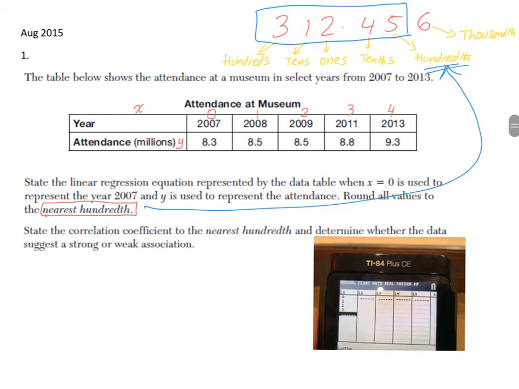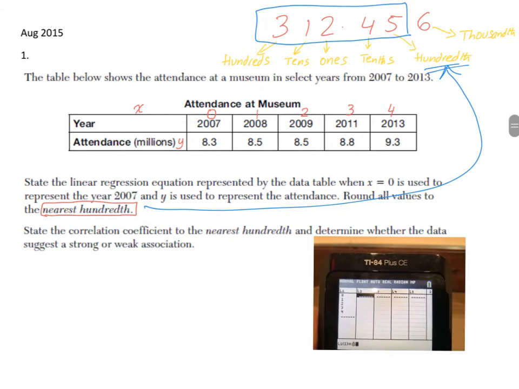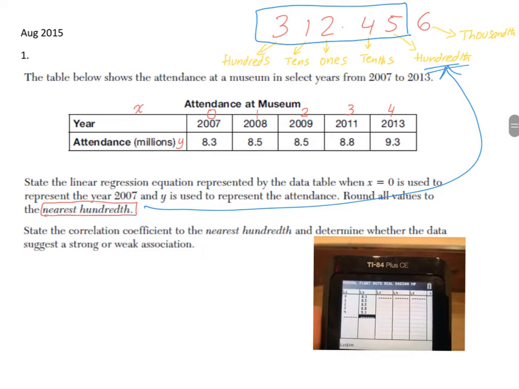So we've got till 4. And then let's plug these in, 8.3, 8.5, 8.5, 8.8, 9.3. So we've got all these values.